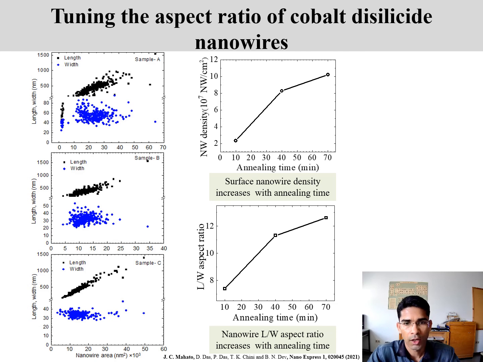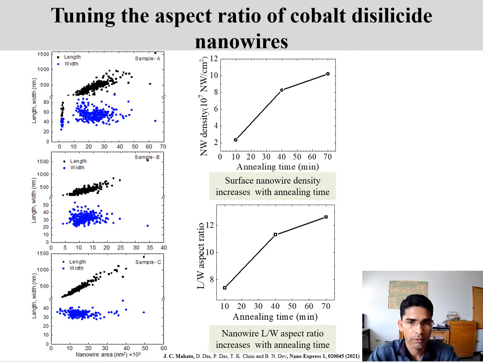And the nanowire width decreases, which increases the aspect ratio. This decrease of the nanowire width is supported by the fact that the material from the nanowire side diffuses to the end of the nanowire along the length, and it increases its length and decreases its width by producing a more compact nanowire on the surface.